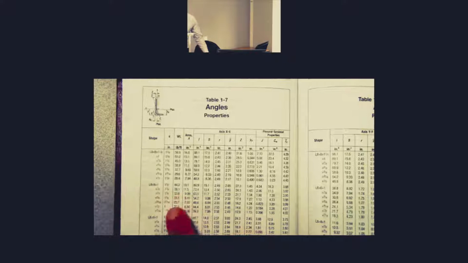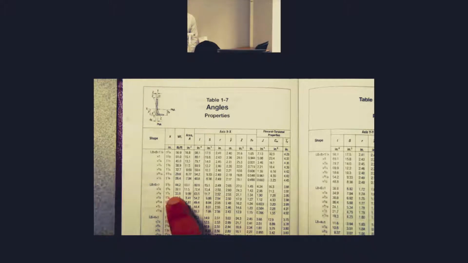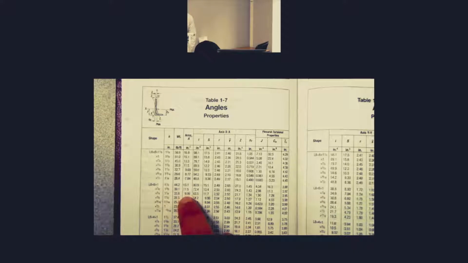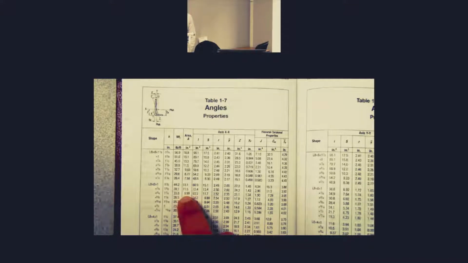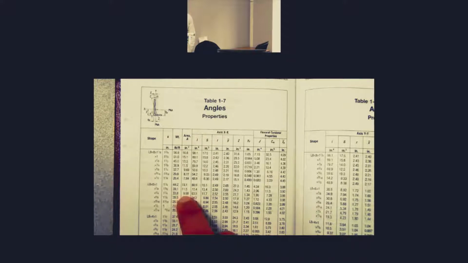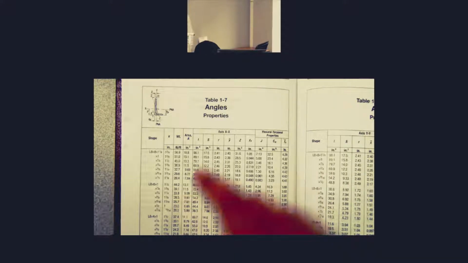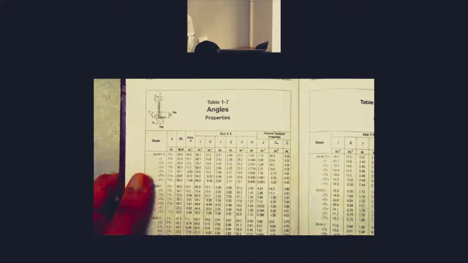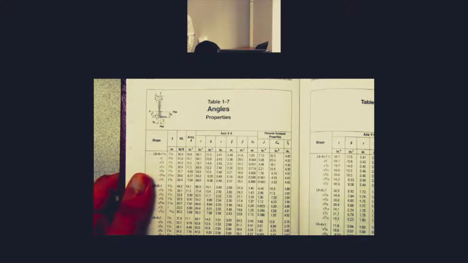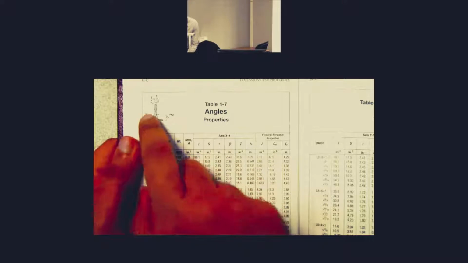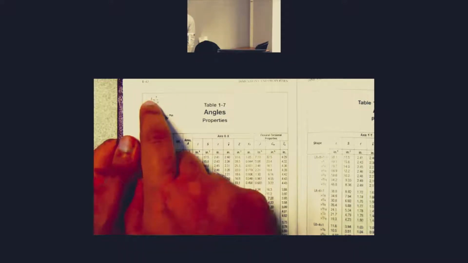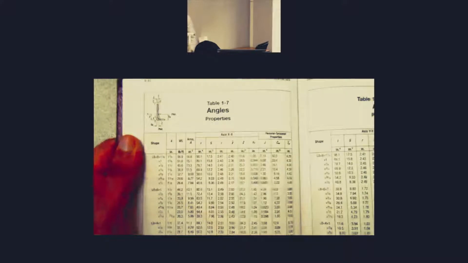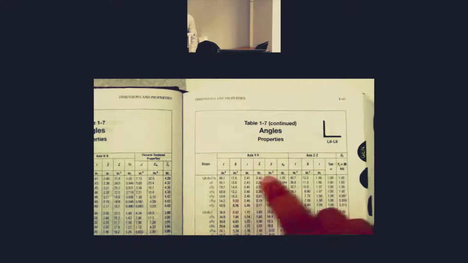So area gross is 9.99 inch square, and then we're looking for the X bar. So is it an X bar distance or a Y bar distance? Just look at this figure here. You're looking for the distance, the centroid, in the long leg or the short leg? The short leg. So actually this distance is the horizontal distance X bar over here. So X bar is given here on this side.